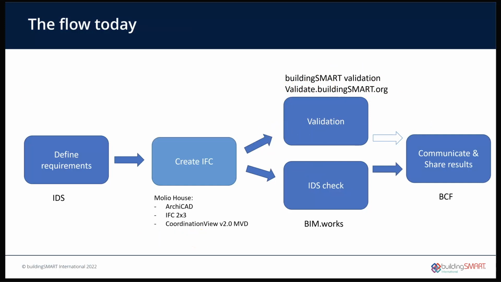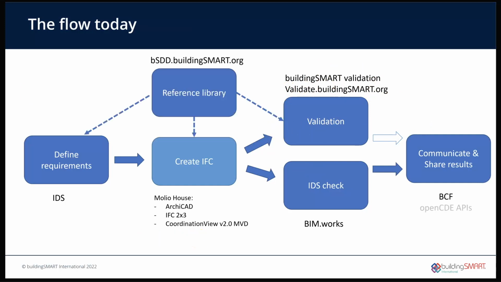And when we have this flow, we're also going to bring in the buildingSMART Data Dictionary as a reference library. So when we do the validation, this validation service also checks information consistency. Is the information consistently structured according to how the standards have published their standard in the BSDD?